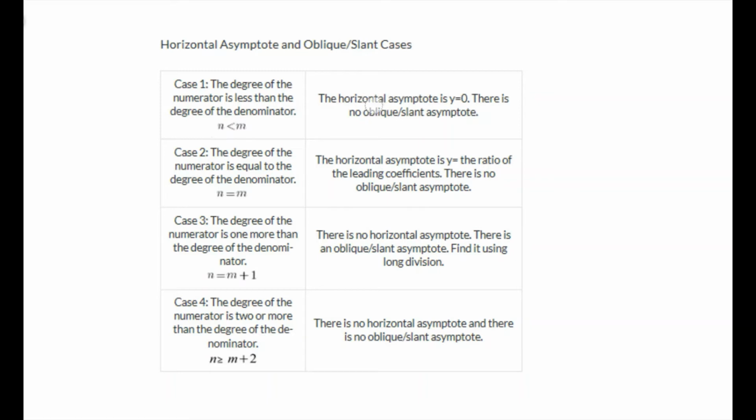In this first case, the horizontal asymptote is going to be y equals 0. In the next case, the horizontal asymptote is the ratio of the leading coefficients. In the third case, there's no horizontal asymptote, and in the fourth case, there's no horizontal asymptote. So let's get back to our example with these in mind.